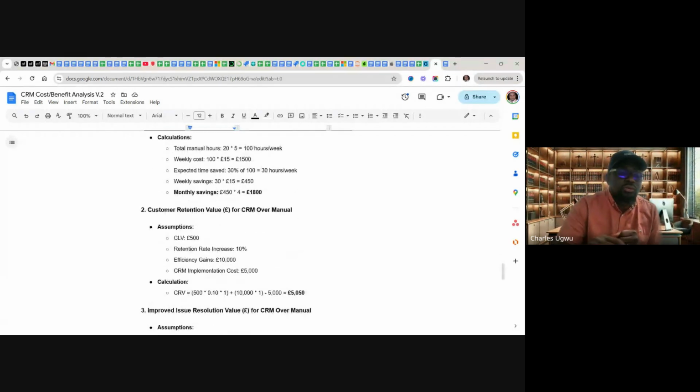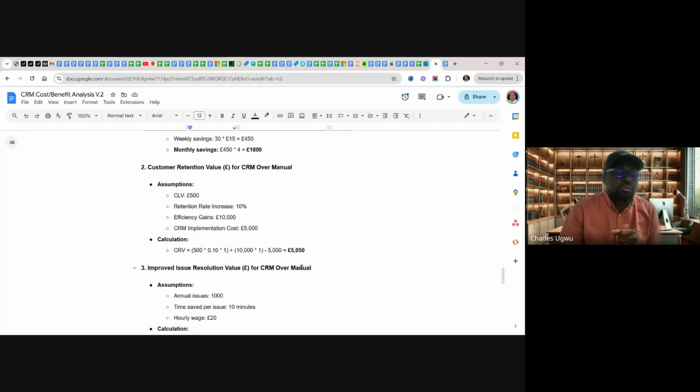Then we have customer retention value for CRM over manual. The assumption here is CLV is £500, retention rate is 10%, efficiency gain is 10,000, and then the CRM implementation cost is 5,000.